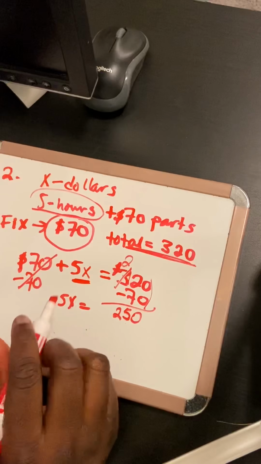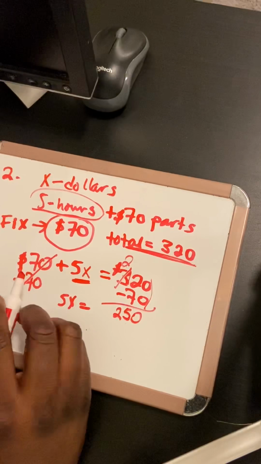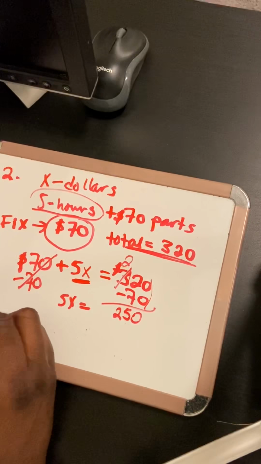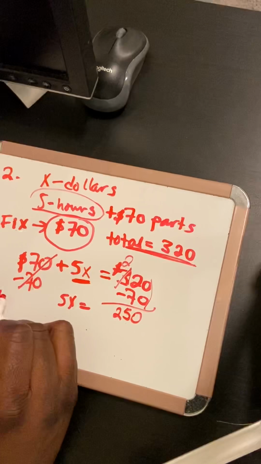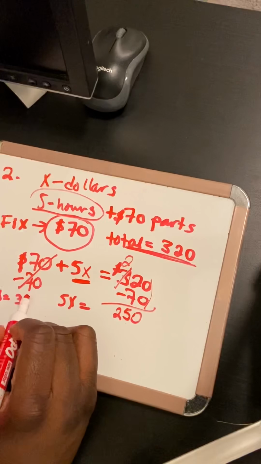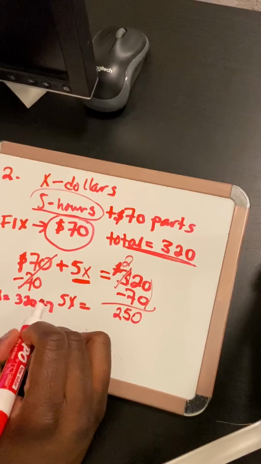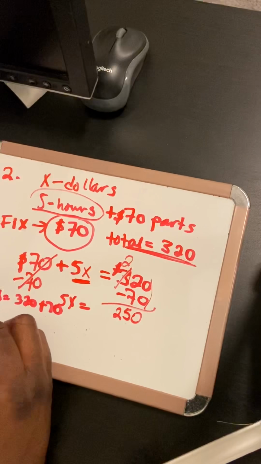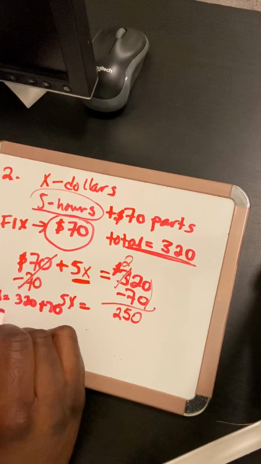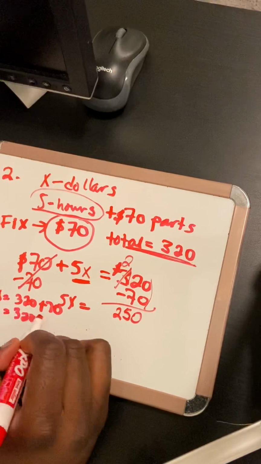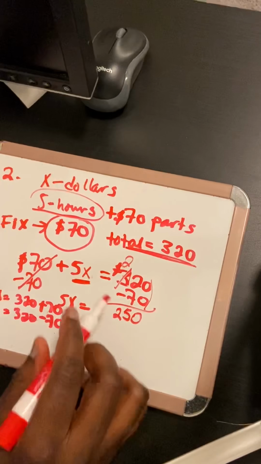So when you look over here at the answer choices, A is 5x equals 320 plus 70. B is 5x equals 320 minus 70. Well, that's what we just did right here.